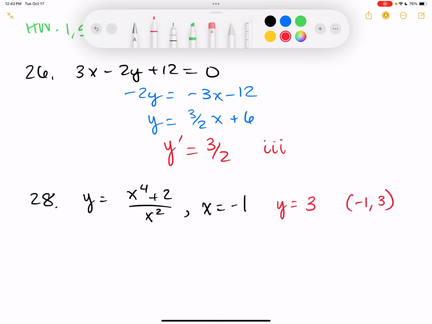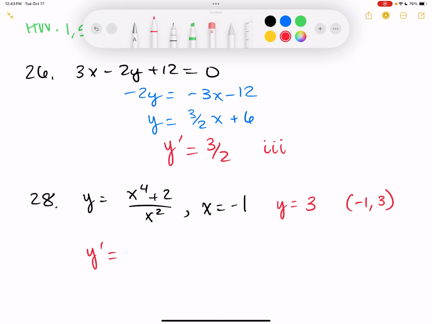So now we're going to take the derivative, and then we will get the slope that way and then find the equation of our line. So y prime is equal to, so quotient rule is, remember, derivative of the top times the bottom.